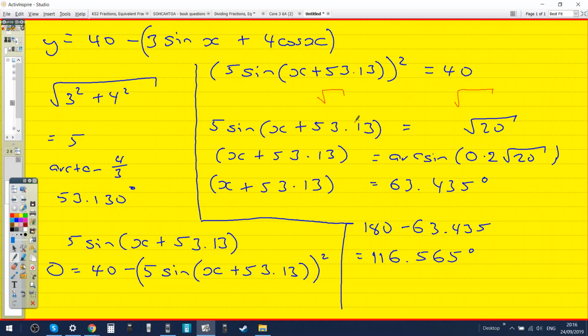Remember when we square rooted both sides? And so we got root 20. It was squared. So what do you know there? That it's plus or minus. So this is plus or minus 63.435.